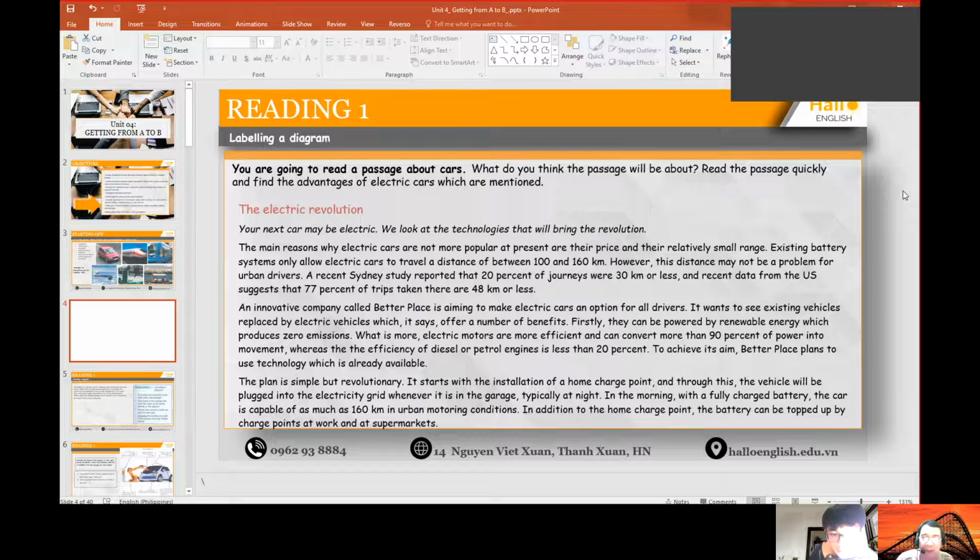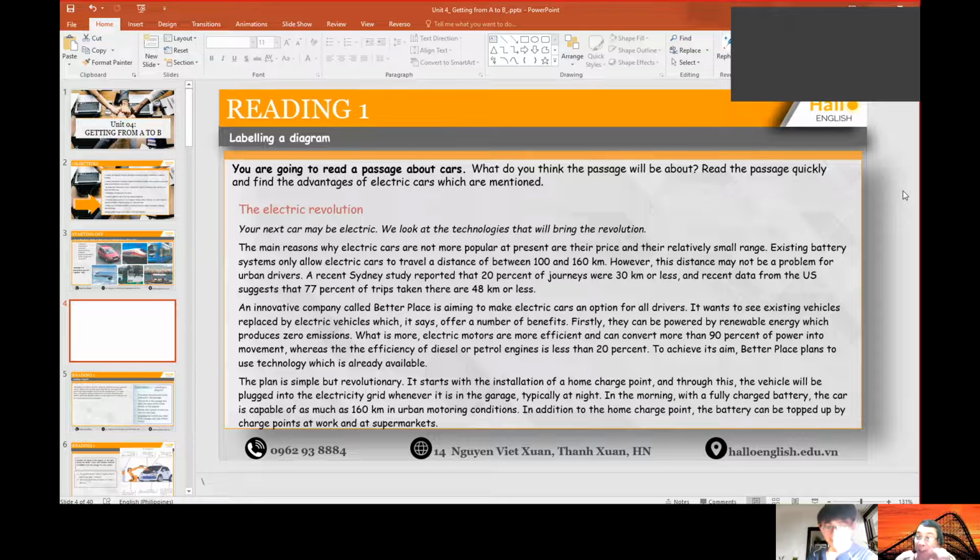On your own understanding, before we tackle it, when you heard the words labeling a diagram, what do you think that is? We read the passage, of course, and then we find the advantages of electric cars mentioned.